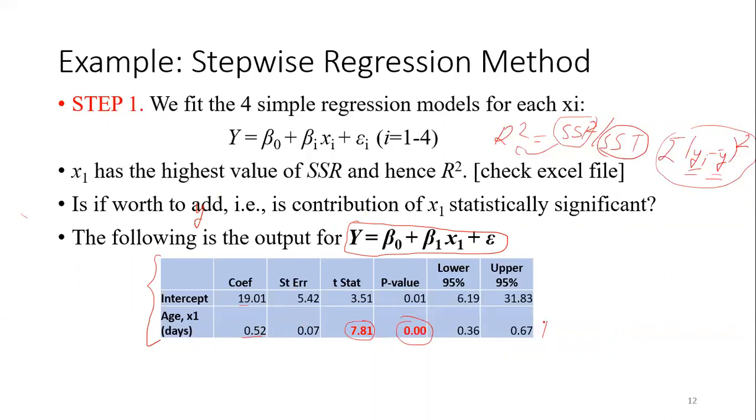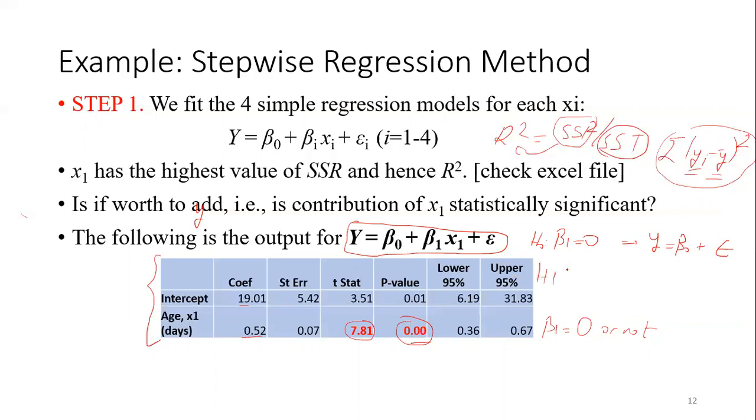What is the hypothesis here? Whether beta 1 is equal to 0 or not, okay? So by just looking at this p-value, can we reject this hypothesis? Well, yes, I can reject the hypothesis and say that beta 1 is not equal to 0. And just remember, beta 1 equal to 0, this is our null hypothesis. This one refers to y is equal to beta 0 plus some epsilon, right?